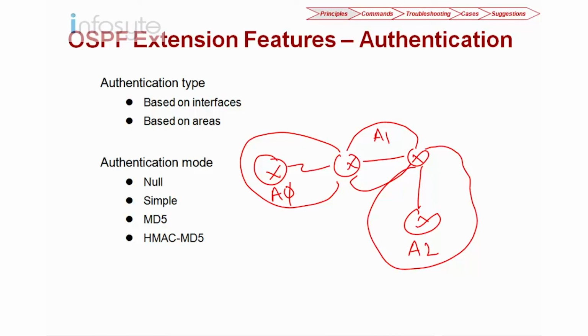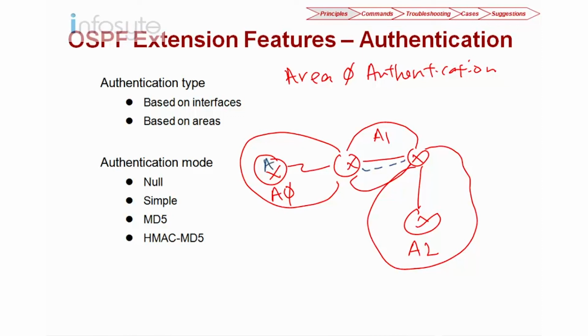Let's say I want to perform area 0 authentication. Which routers do I need to perform the authentication on? Let's say over here I have a virtual link between the two areas.